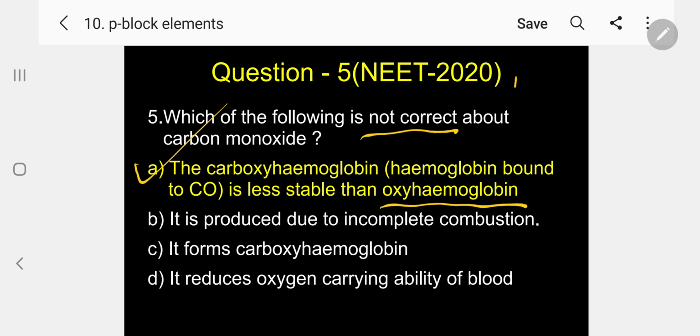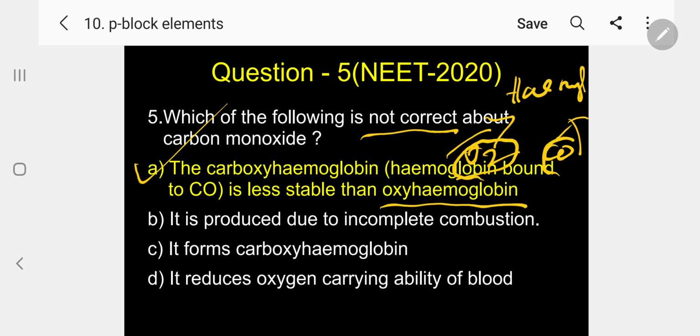You take hemoglobin and allow it to be attacked by O2 and CO. O2 is a non-polar molecule, CO is a polar molecule. The polar molecule attacks hemoglobin preferentially over oxygen, so this is more stable. That is, the carbon monoxide and hemoglobin compound, called carboxyhemoglobin, is more stable than the corresponding oxyhemoglobin.